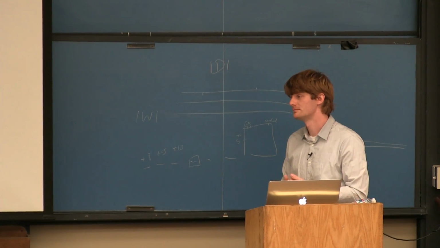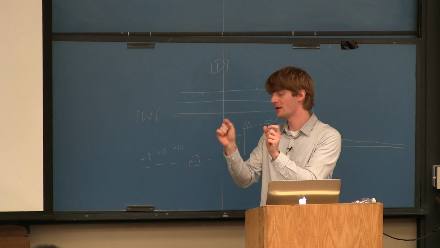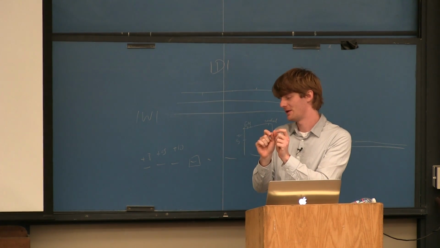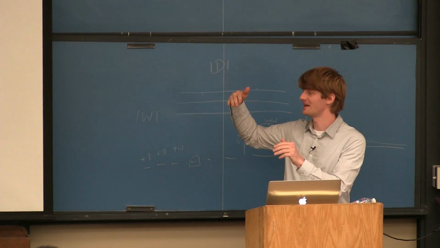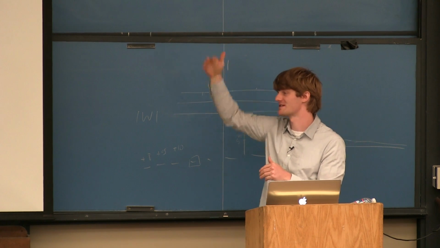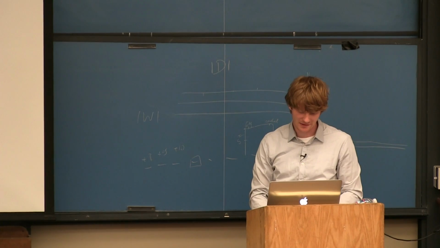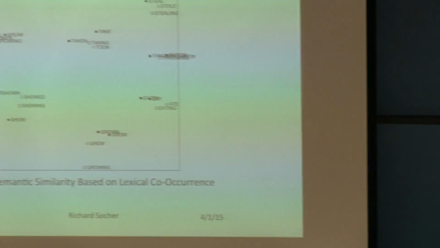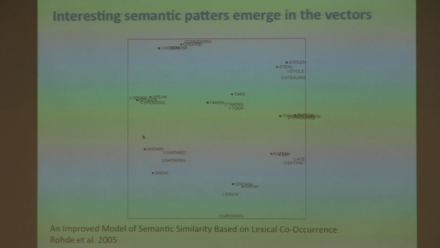Yeah, but there it's more about the local windows. You might be more likely to say, he showed in the past. And now in the past is something that modifies all the other past tense verbs in similar ways because it appears in the same context. And so you're more likely to push past words into a similar direction of the vector space.